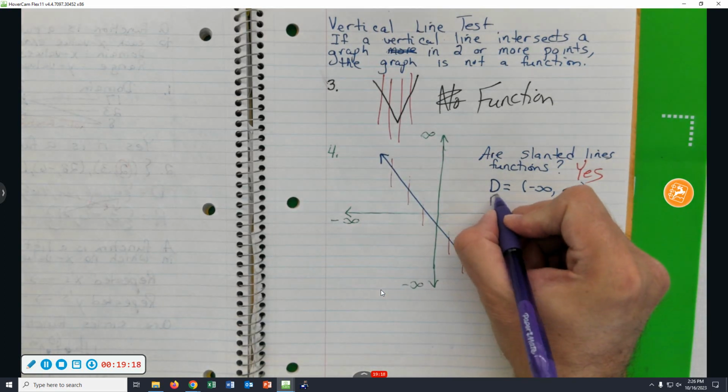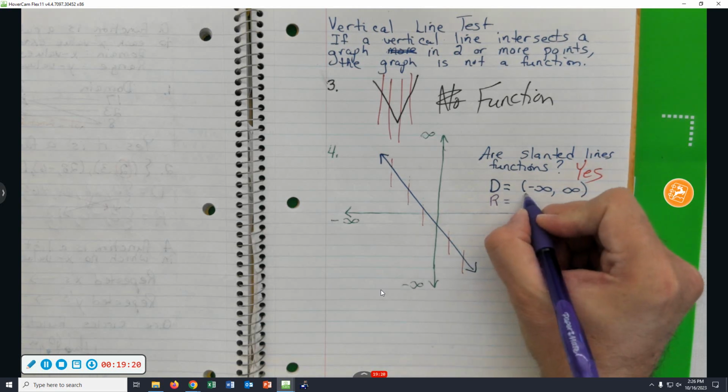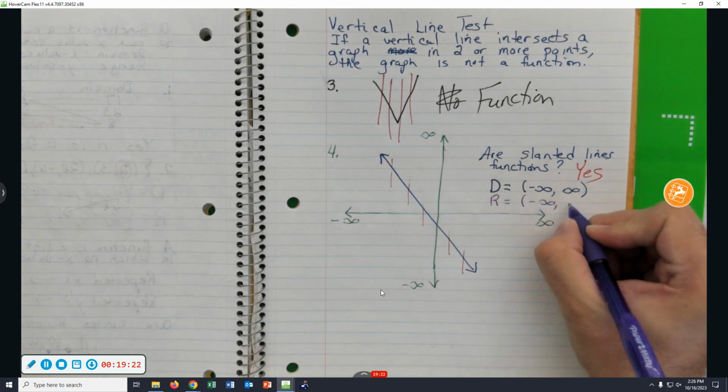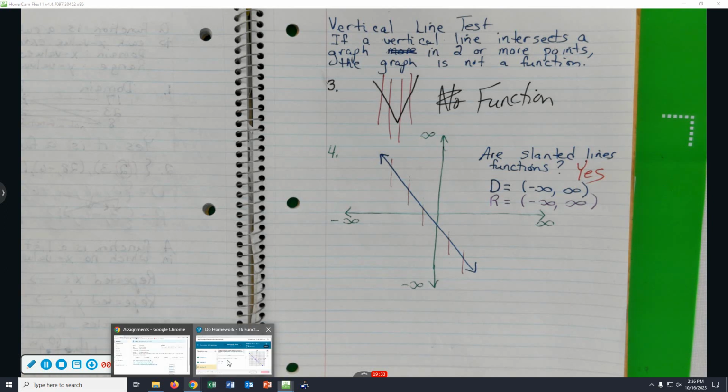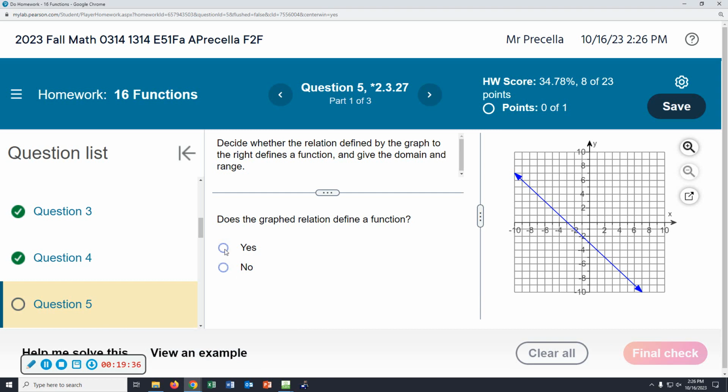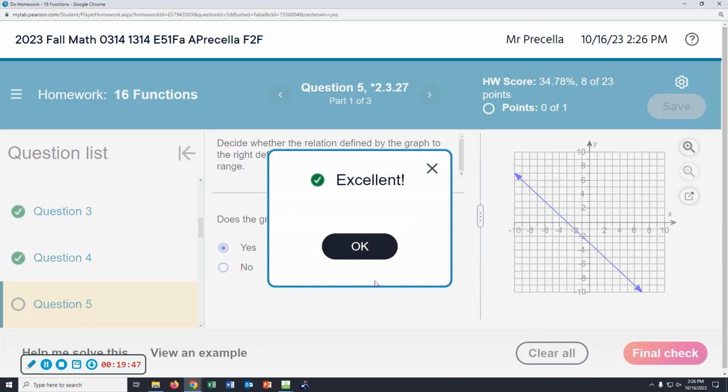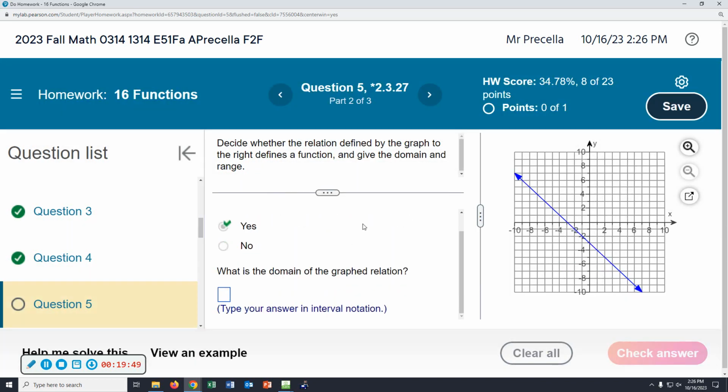So if someone asks, you can say the domain and range of any slanted line are negative infinity to positive infinity. So we decided, yes, it is a function, and it doesn't matter even if that line had been rising from left to right, as long as it's a slanted line. Any slanted line.